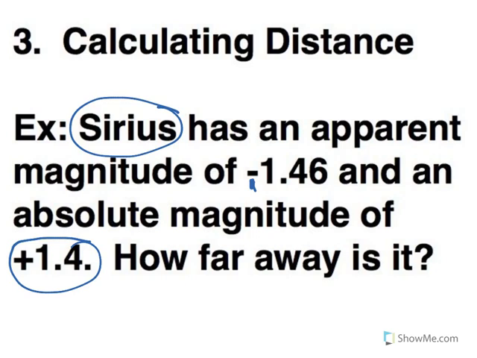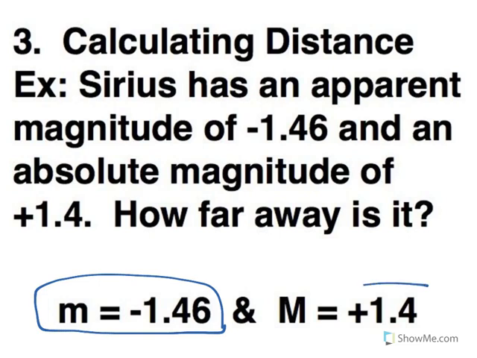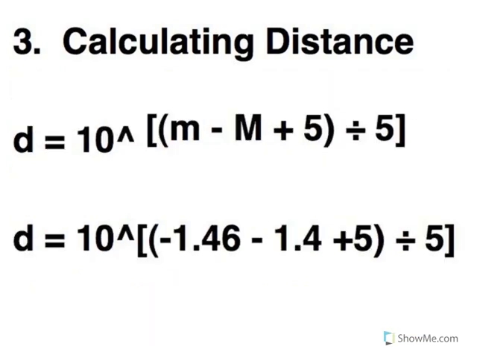So we want to know how far away is this star. So we've got our numbers. Little m is going to be negative 1.46. Big M, our absolute magnitude, positive 1.4. So we're going to plug this in to our equation.